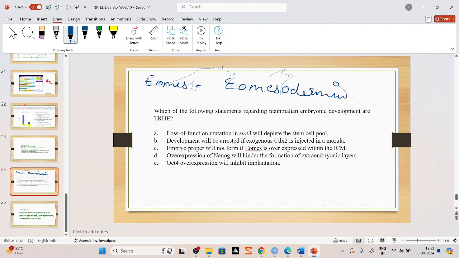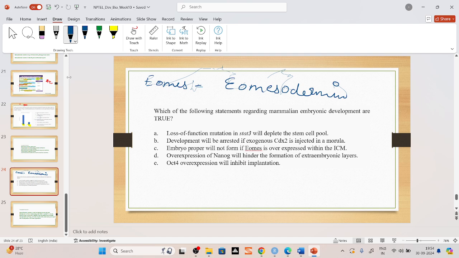Since EOMES is responsible for trophoblast development, it will put the inner cell mass also towards the trophoblast lineage. And what will happen? Proper embryo formation will not take place, because the embryo will be formed properly only when the inner cell mass is also properly formed along with the trophoblast. We need trophoblast, but not at the expense of compromising the development of the inner cell mass. So your option C would be correct.